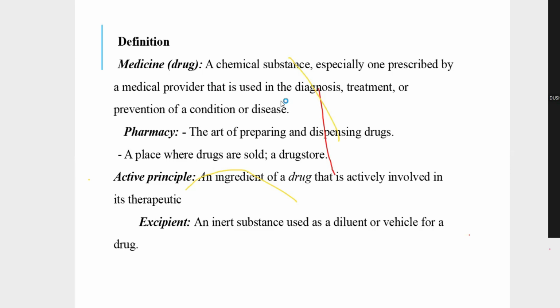Icyo gihe ugira icyo bita recorded consumption. Iformula murayumva, ibi ubikurikira at each drug.